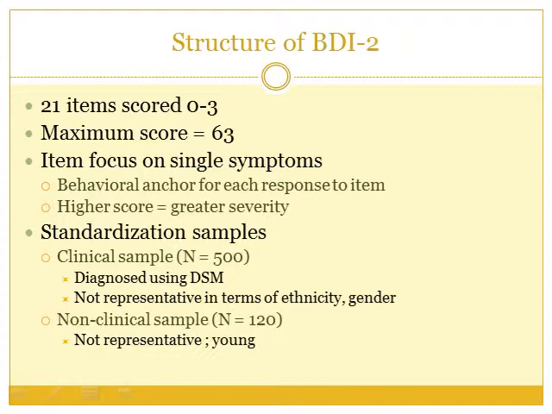It was predominantly of white European background, and 67% of the sample were women. The non-clinical sample consisted of 120 college students. It was also not stratified or representative of the national population. In addition, the sample was markedly younger than the clinical sample.